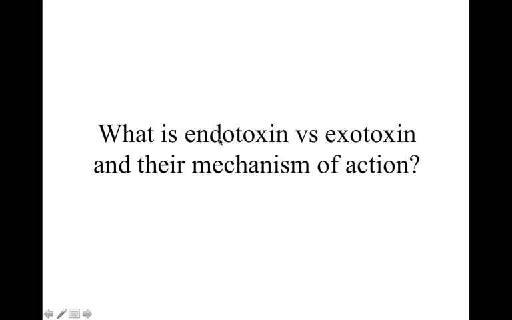What is an endotoxin versus exotoxin, and what are their mechanisms of action? We talked about endotoxin before. Endotoxin is in the cell wall of gram-negative bacteria. Exotoxins are released from bacteria, and they can be released from gram-positive or gram-negative, depending on the microbe.